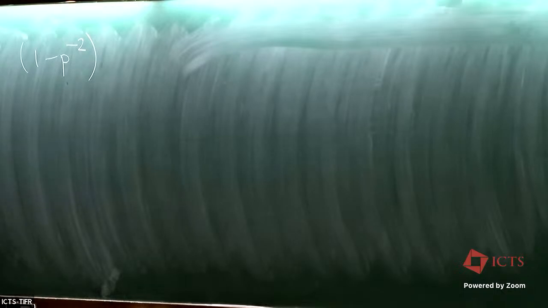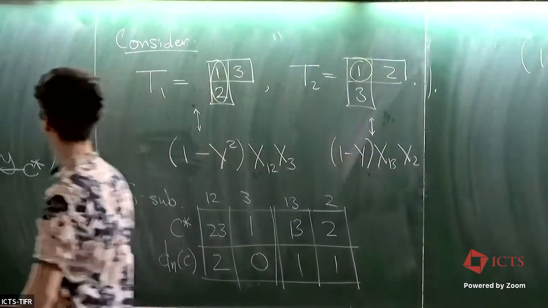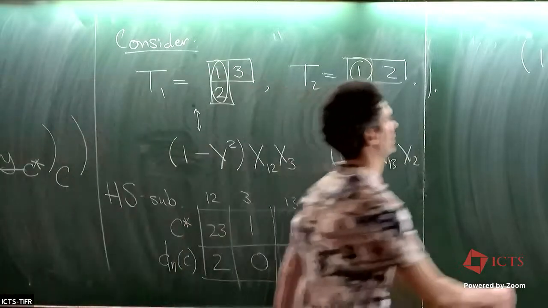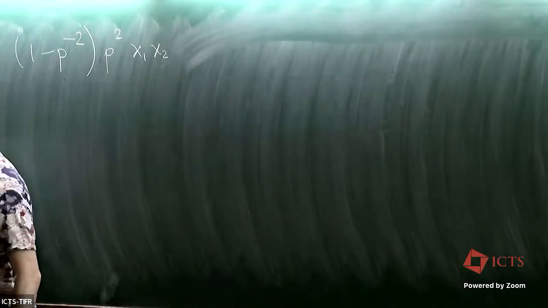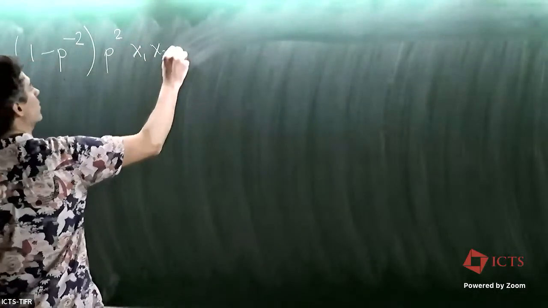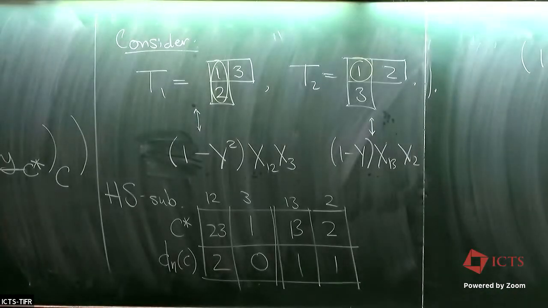So I'm going to get another p squared for both of those. x12, that's going to go to an x sub 2, because it has cardinality 2, and the y star is going to be given by that. So I'm going to have a little x1, a little x2, because I have a set of cardinality 1, a set of cardinality 2, and I'm going to get all three, y1, y2, y3. The union of these is 1, 2, and 3.